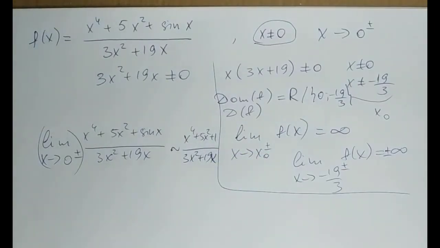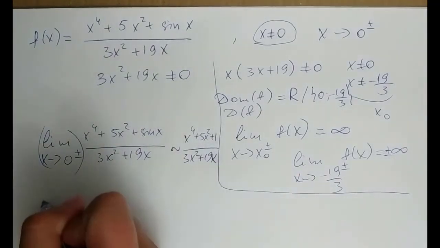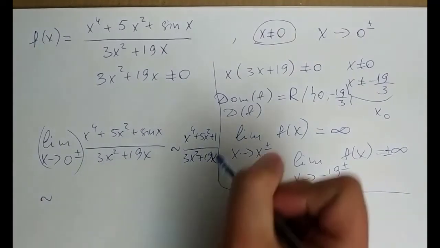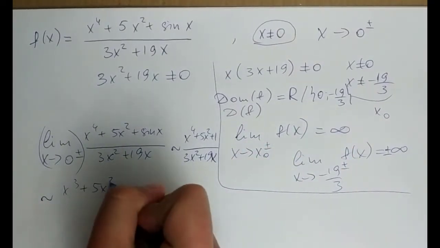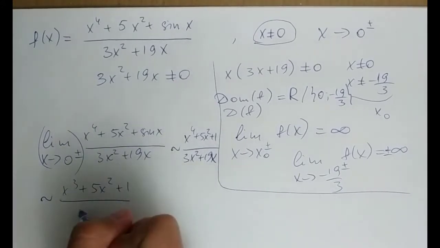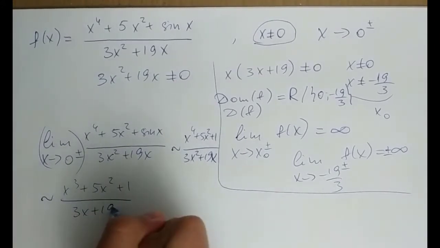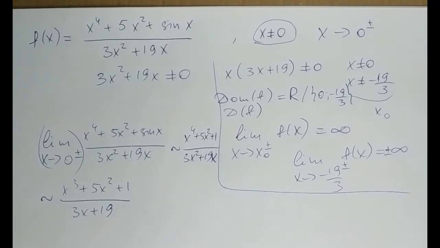So here, if we divide by x, it is equivalent to x cubed plus 5x squared plus 1 over 3x plus 19, as x tends to 0.